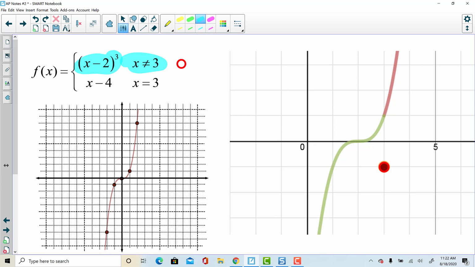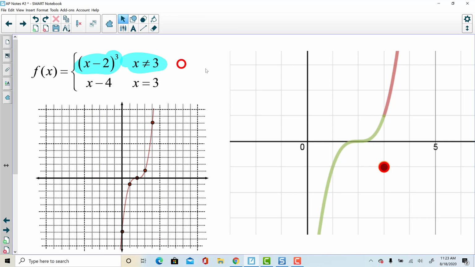So what we're going to do is we're going to start with x to the third. Because the x minus 2 is just a right shift, so we're going to shift it right 2. So we're going to start with x to the third and just shift it right 2. Okay, so I need to move the function right 2. Okay, there we go.